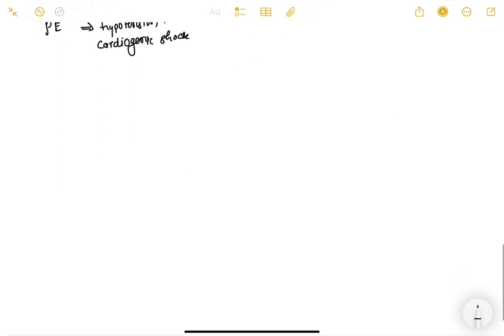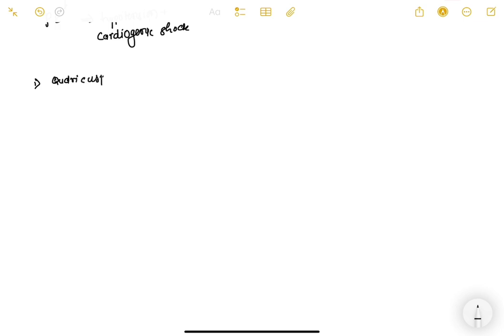Then what are the causes of AR? So the first cause is bicuspid aortic valve, infective endocarditis, rheumatic heart disease, syphilis.